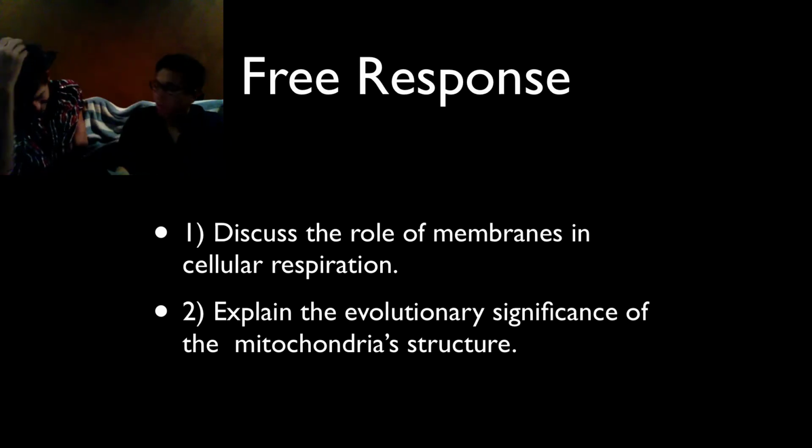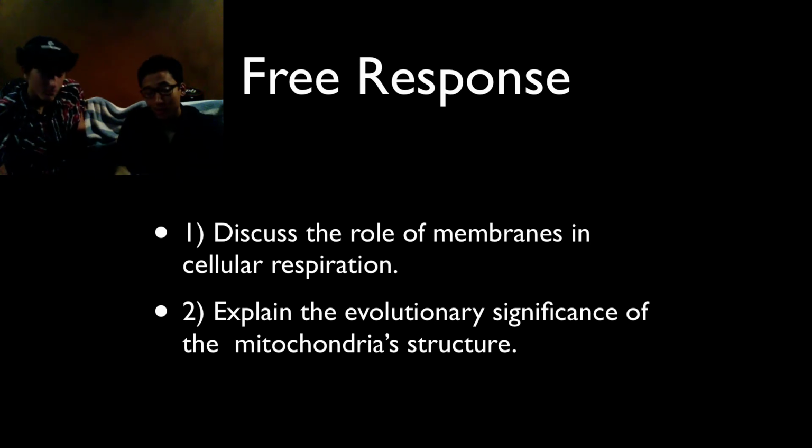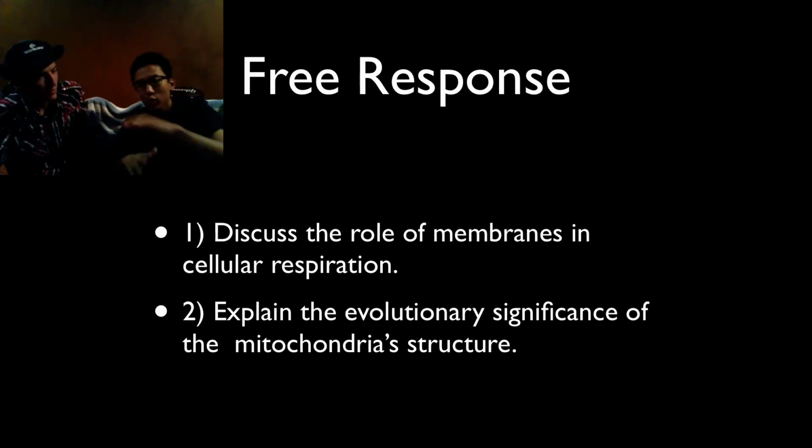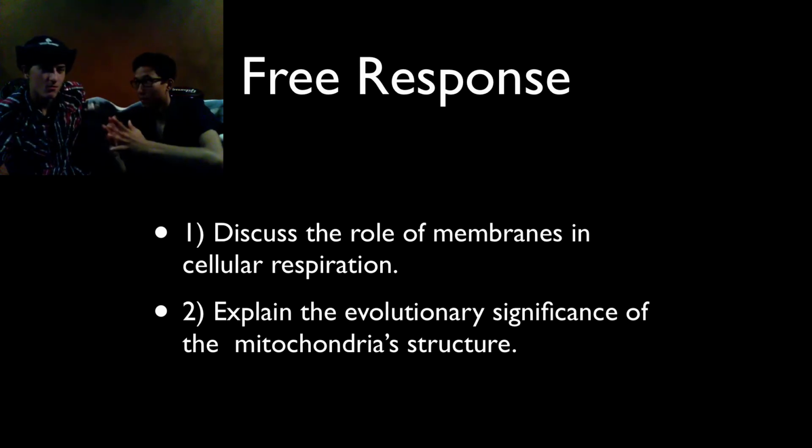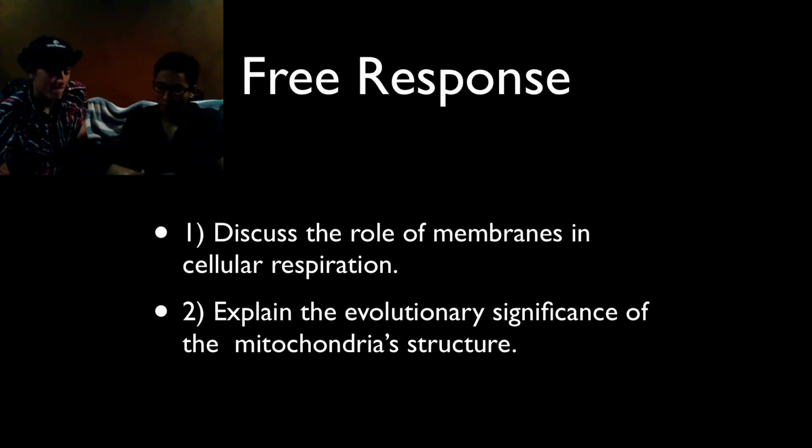All right, next there's the double membrane that supports the endosymbiosis theory of the mitochondria and the chloroplast, and you could talk of how there's the plasmid, the DNA within the mitochondria. This also supports the theory of endosymbiosis. So this question revolves around the theory of endosymbiosis, and you could just list that.